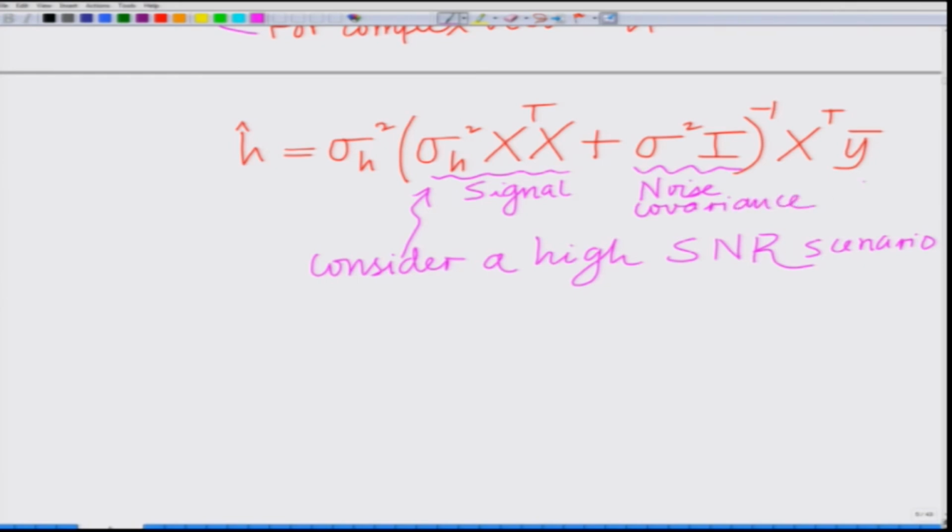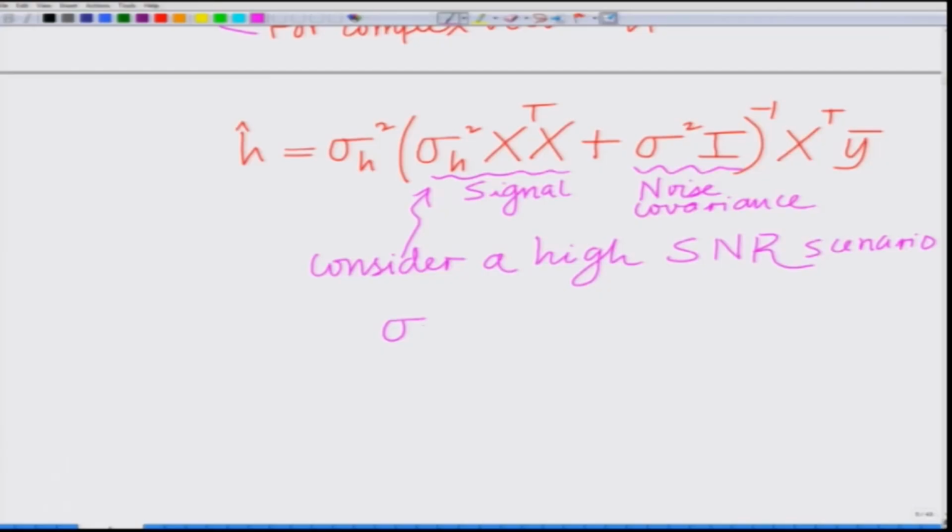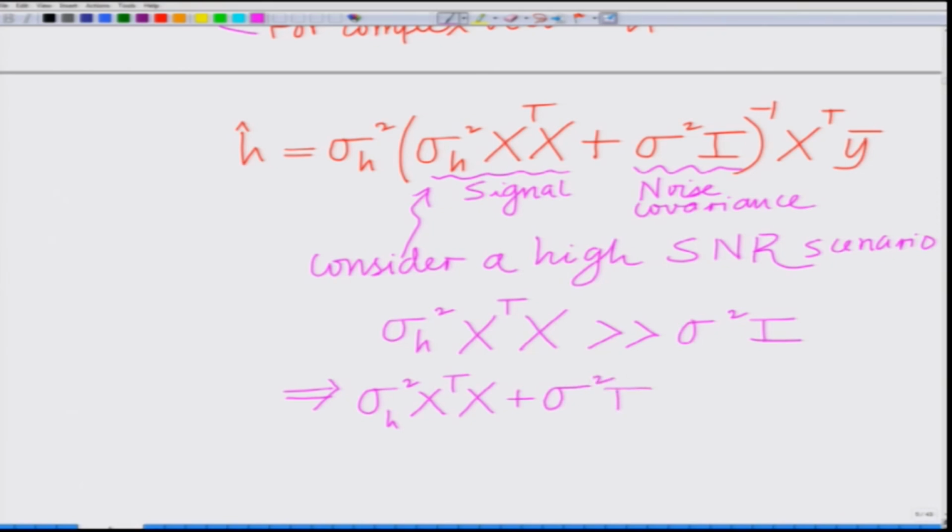In high signal to noise power ratio, the signal power or signal covariance is much more stronger than the noise covariance. Therefore, what we will have is this sigma h square x transpose x will be much larger than sigma square identity, which implies that I can neglect the noise term, that is sigma h square x transpose x plus sigma square identity is approximately equal to sigma h square x transpose x.